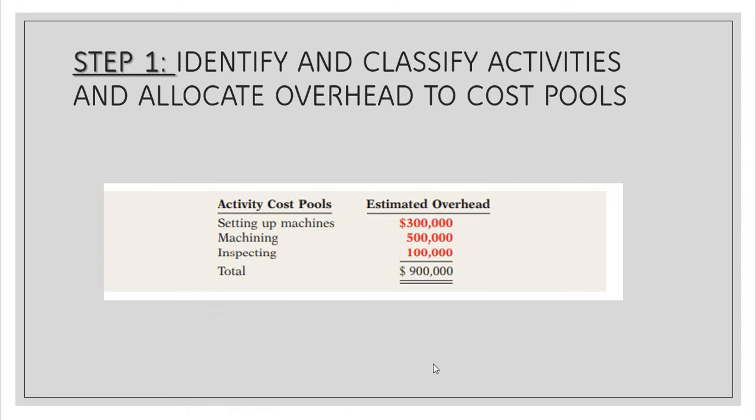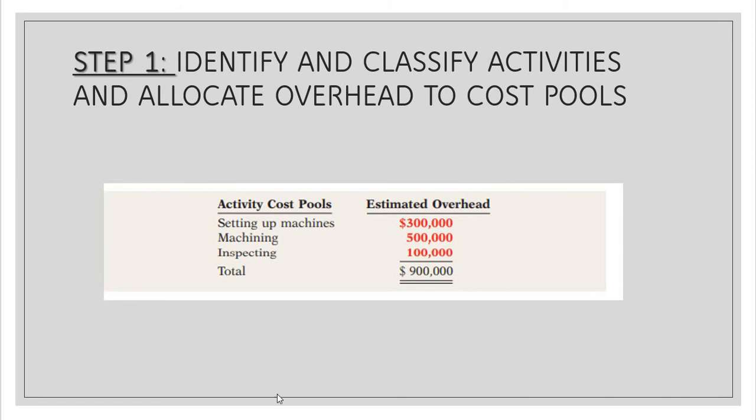Okay, so next, the system assigns overhead cost directly to the appropriate activity cost pool. For example, overhead costs directly associated with Atlas Company's machines such as salaries, supplies, and depreciation would be assigned to the machine shop cost pool. Okay?